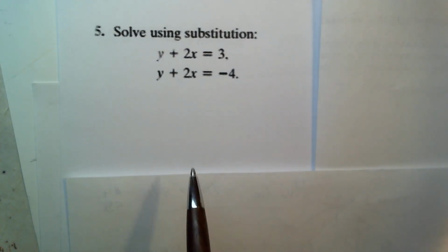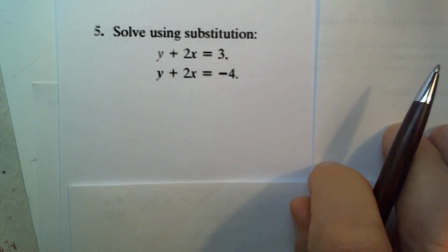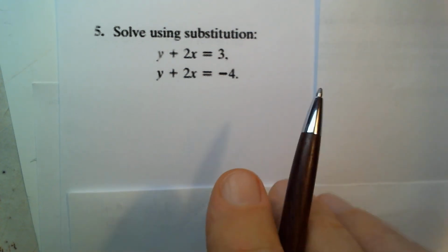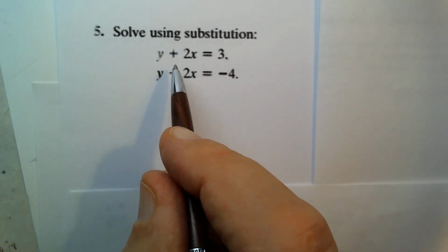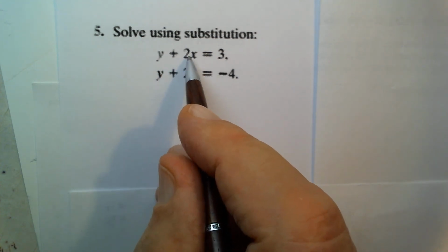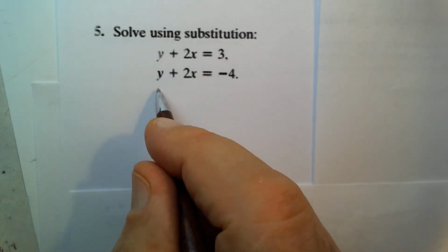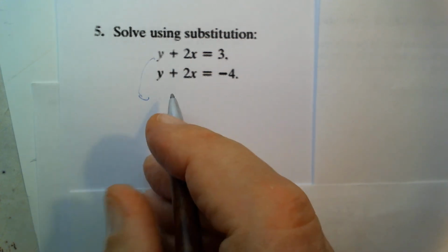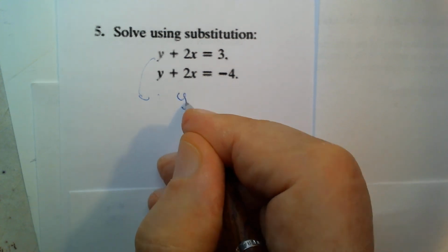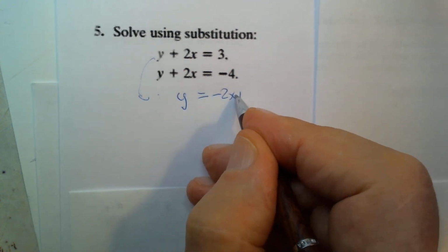Let's look at this exercise number 5, solve using substitution. There's nothing specific about it, in that we don't have y equals something or x equals something. But when we look at the first equation, we subtract 2x from both sides. Then that equation becomes y equals minus 2x plus 3.